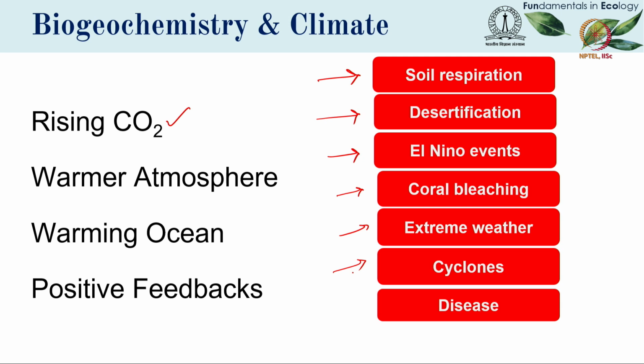Another aspect that is related to these biogeochemical changes in the atmosphere is the spread of disease in areas where it did not exist before. For example, there were parts of the world, especially in high elevation or high latitude, where it was too cold for mosquitoes to complete their life cycle in the summer. The summer was relatively short, and then it became cold and the mosquitoes could not live in those places.